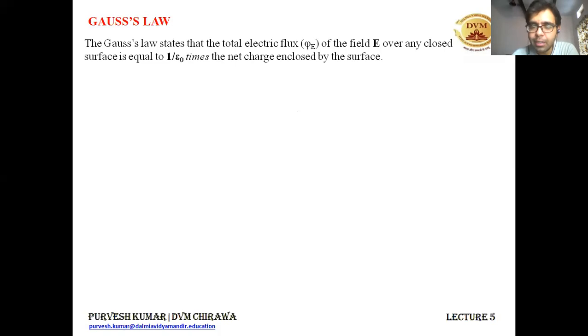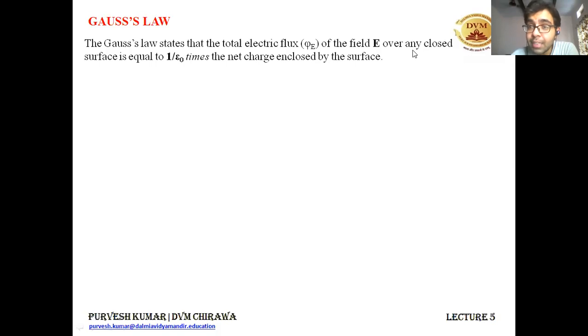I'm repeating it again. Gauss's law says that the total electric flux phi E, because of the electric field E linked through a surface, is equal to 1 upon epsilon naught times the net charge enclosed by the surface.